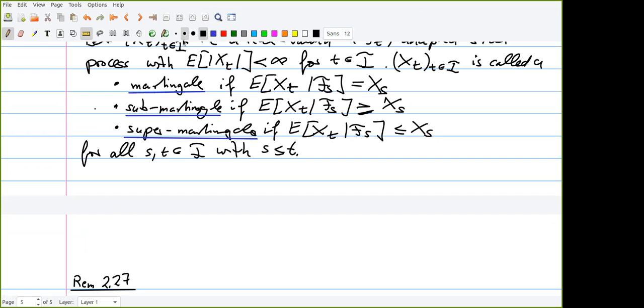So all the results or statements we prove for sub or super martingales are always also true for martingales.